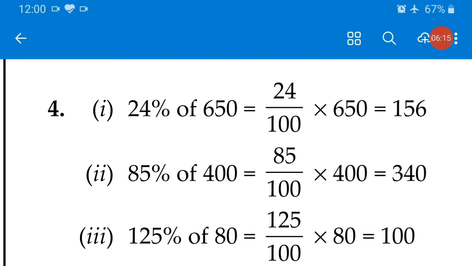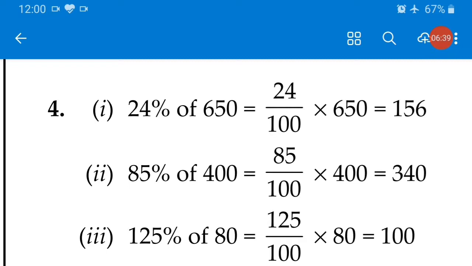24% of 650. As we know, percent converts into fraction by dividing by 100. So 24 upon 100 multiplied by 650 is equal to 156.